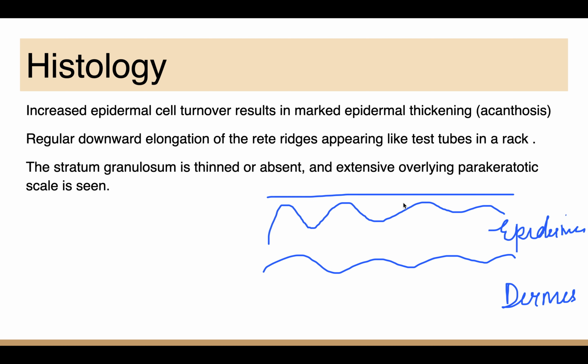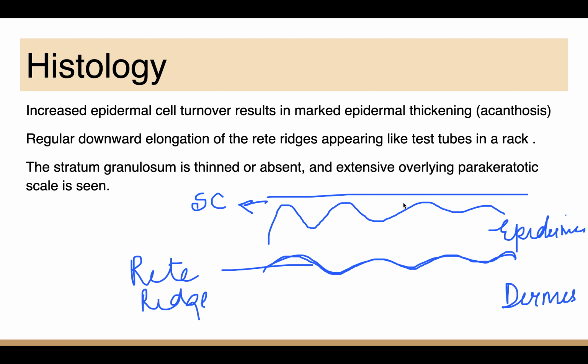This is the stratum corneum, the acellular keratin layer, which does not have any nucleus. The projections downward into the dermis are known as rete ridges. Then you have many other layers in between, like the stratum basale at the end, then granulosum and spinosum. These are all the layers seen in the skin.